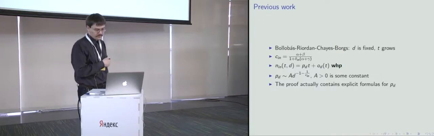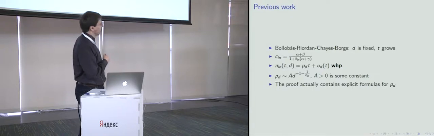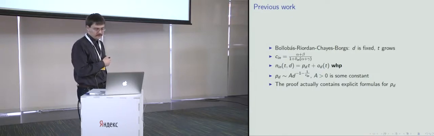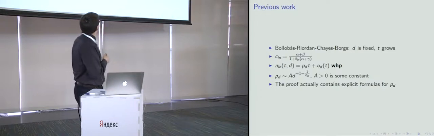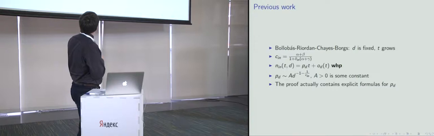The authors of the article that I stated below consider the case when the degree is fixed and the number of edges grows, and they prove the power law. The exponent of the power law is calculated from the model parameters.